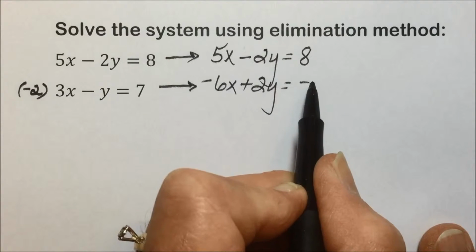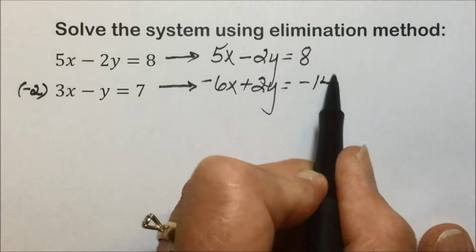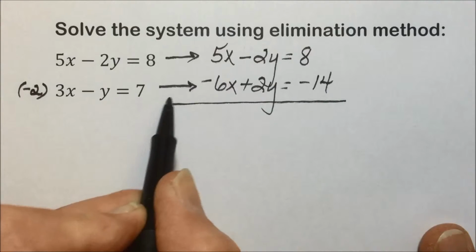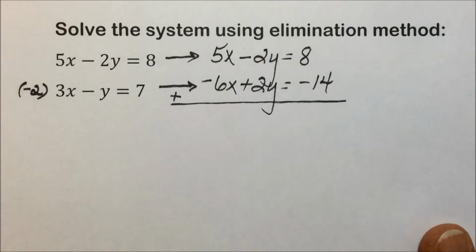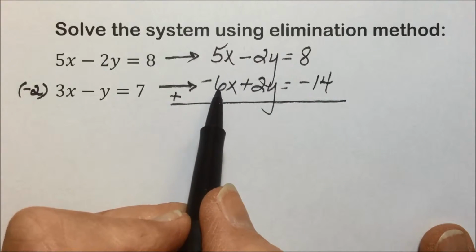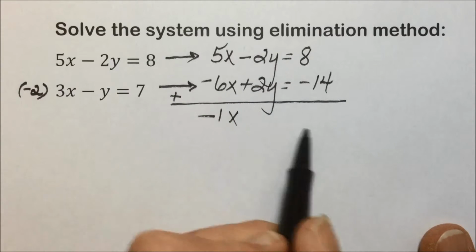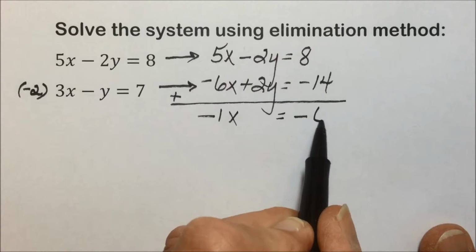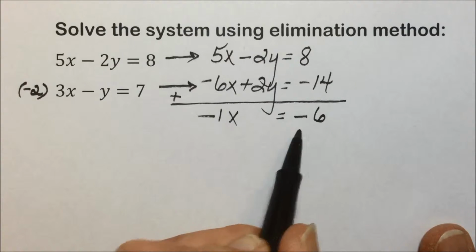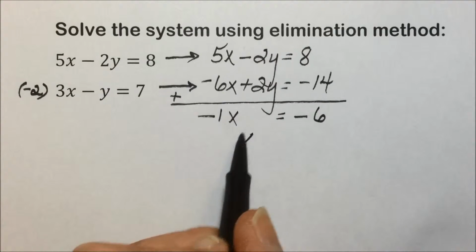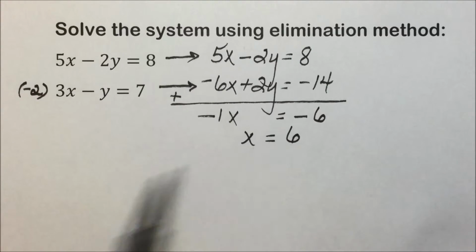And negative 2 times 7 is negative 14. Now when we add these equations together, 5x and negative 6x leaves a negative 1x. The y's do cancel out, and we end up with negative 6. Multiplying or dividing both sides by negative 1 leaves us with x equal to 6.